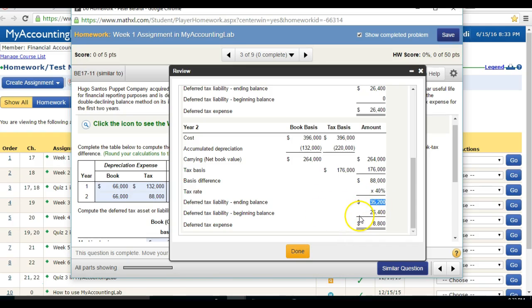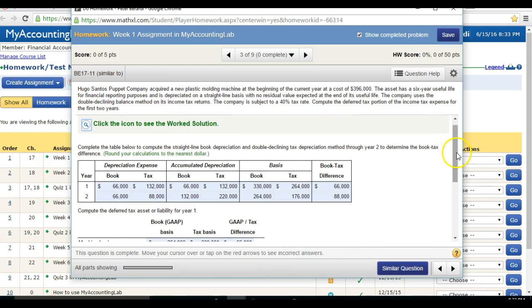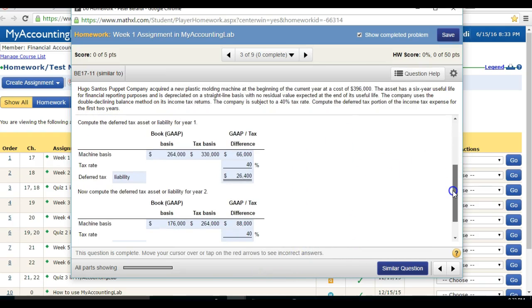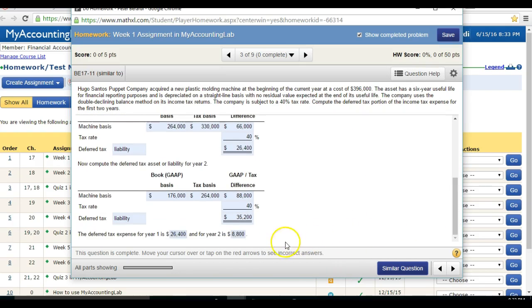Our beginning balance in year one was $26,400. Therefore, our deferred tax expense is the difference of $8,800. So that's how you derive the answer for part 3.